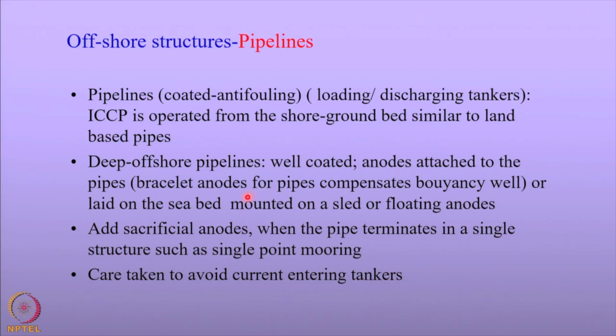This also reduces the buoyancy of the pipeline because it adds to the weight of the pipeline, or it is also laid on the seabed, mounted on sledge or floating anodes. The sacrificial anodes are added whenever the pipeline terminates in a single structure, such as single point moorings. Care needs to be taken to avoid current entering the tankers that could introduce stray current corrosion of the structures.